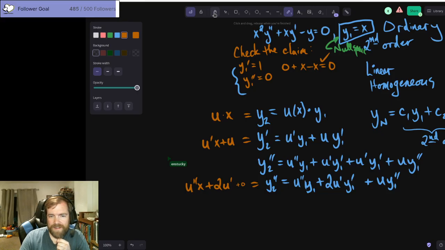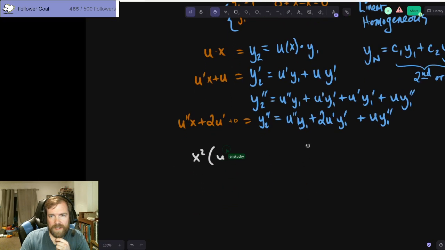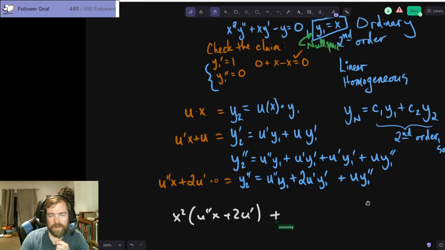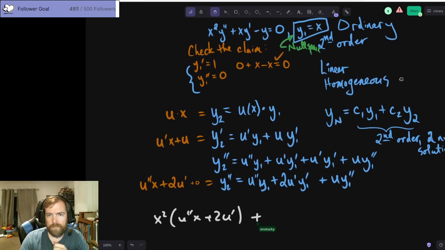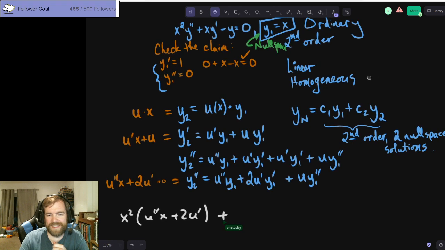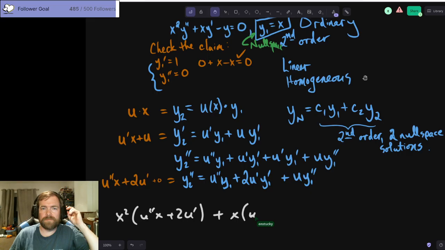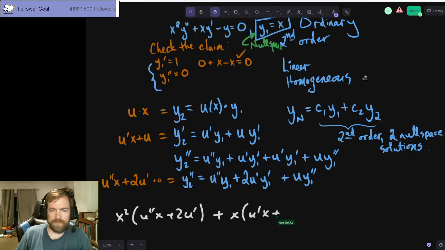So we have x squared times y double prime, minus x times u prime x plus u, and then minus the original.